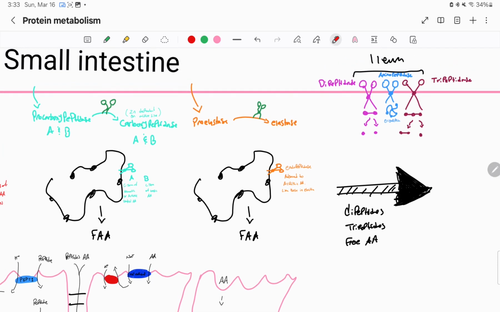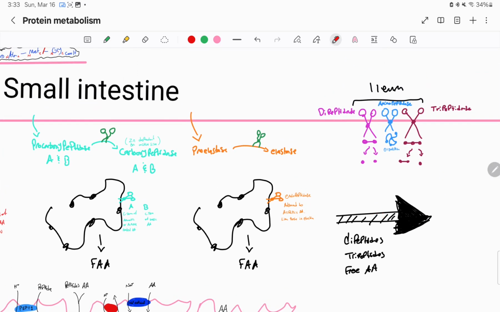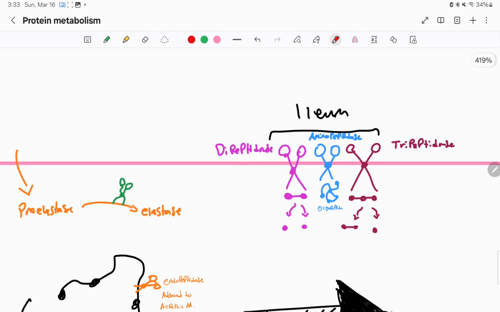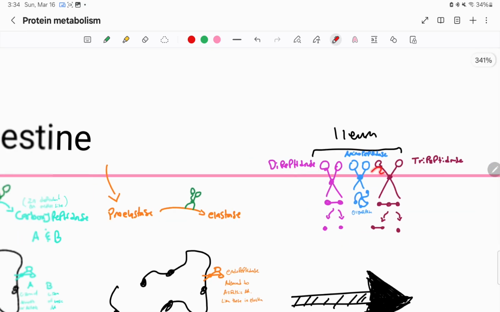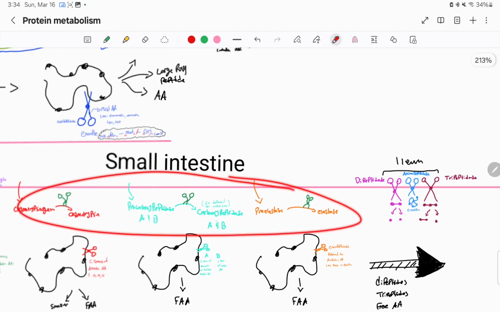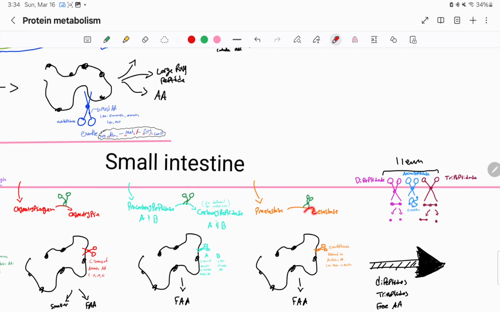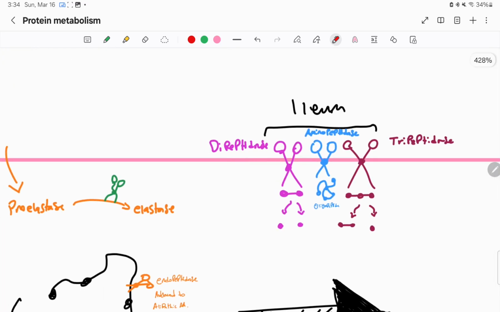Now, there is another thing I could add on here: at the level of the ileum, which is almost the end of the small intestine, the brush border cells of the enterocytes themselves have these peptidases. These ones are different from all the ones we've been talking about here. Those were peptidases secreted by the pancreas. These are on the brush border membrane of the enterocytes themselves.